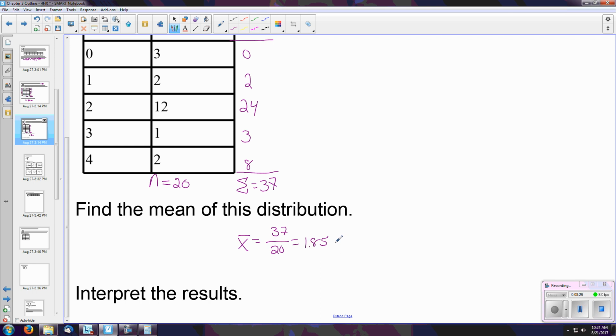So it's okay to say the mean is 1.85, but make sure you're backing that up with what that actually means in context. It's somewhere between 1 and 2 children. It's not 1.85 of a child, because you can't have 0.85 of a child. However, again, it's the idea that it's somewhere between those figures.